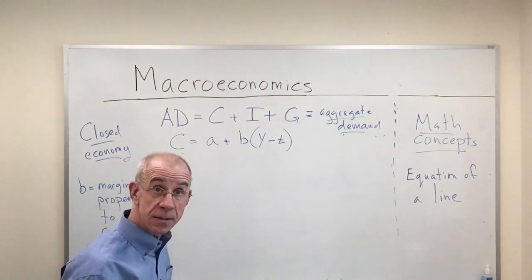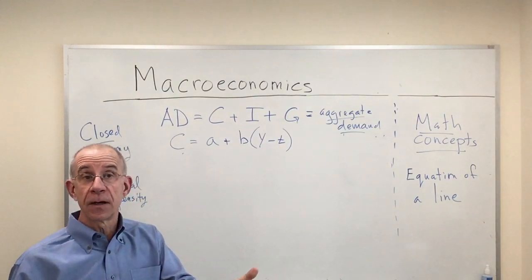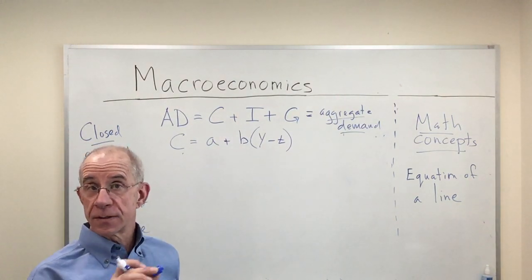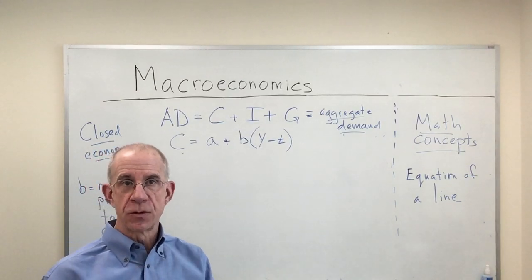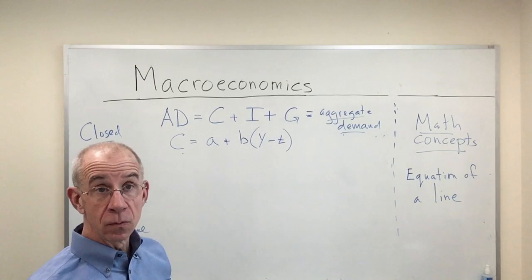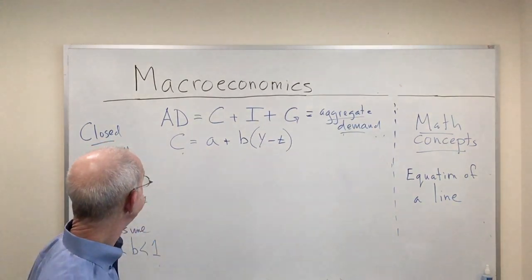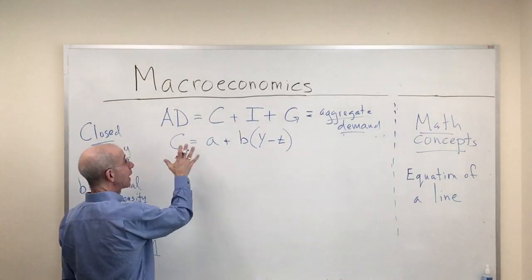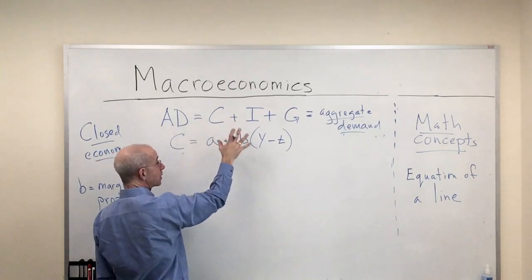We're going to keep that constant, so we're not going to let that vary. We're also not going to let it vary across individuals. This is just the average propensity, likelihood to consume out of an extra dollar of income. Okay, so we've got these various components.